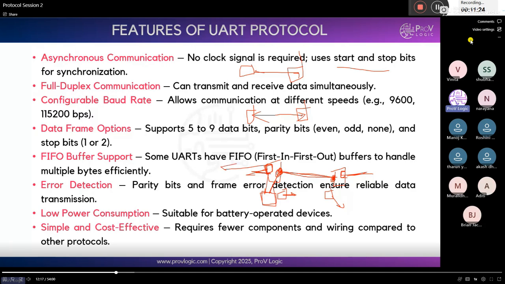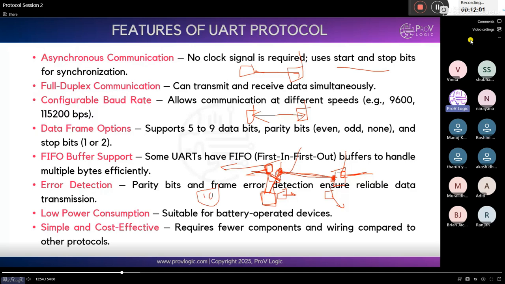Suppose in 1 second the processor sends 10 transactions. UART can't take 10 transactions in 1 second. It will take time, maybe 10 seconds for one transaction, the next 10 seconds for the second, and 30 seconds for the third. That is the speed of UART, very low compared to the processor.